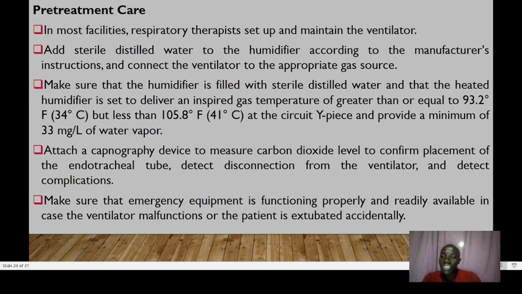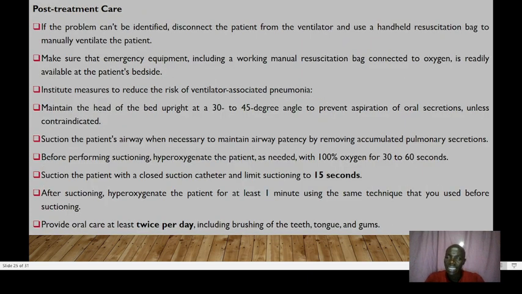Then you attach a capnography device to measure carbon dioxide level to confirm placement of the endotracheal tube, to detect disconnection from the ventilator and to detect complications. Make sure that emergency equipment is functioning properly and readily available in case the ventilator malfunctions or the patient is extubated accidentally.